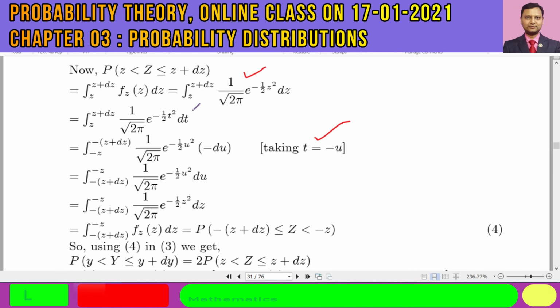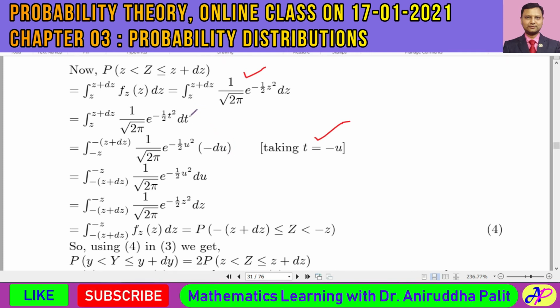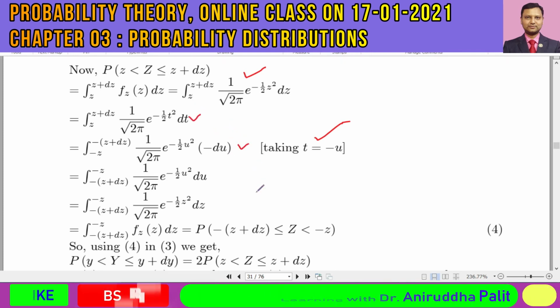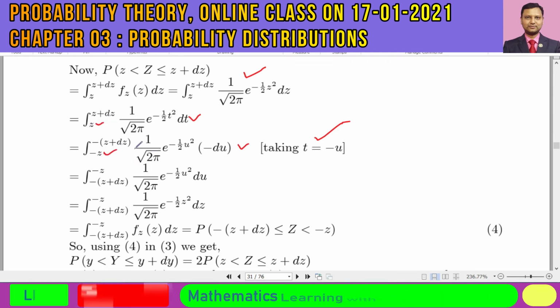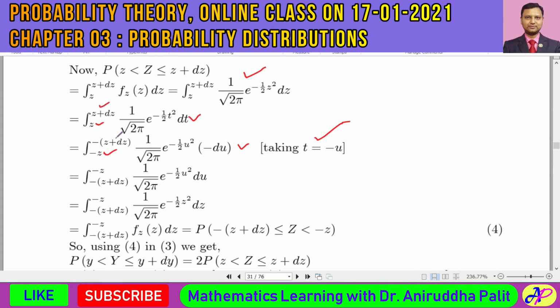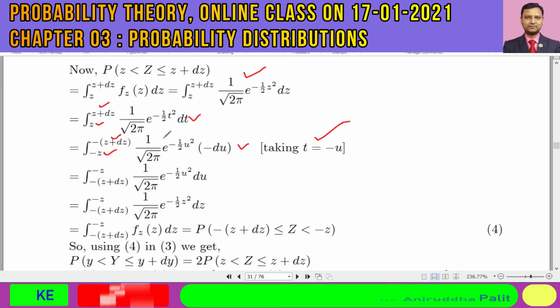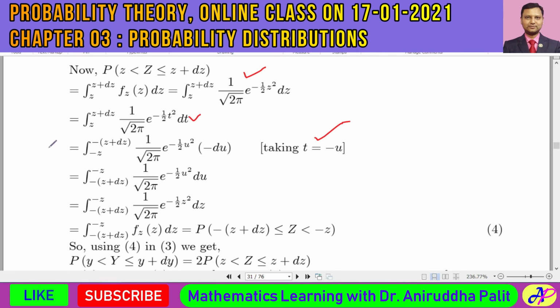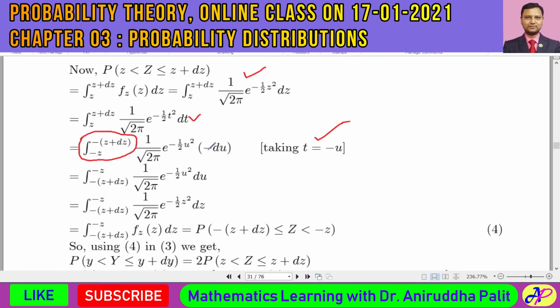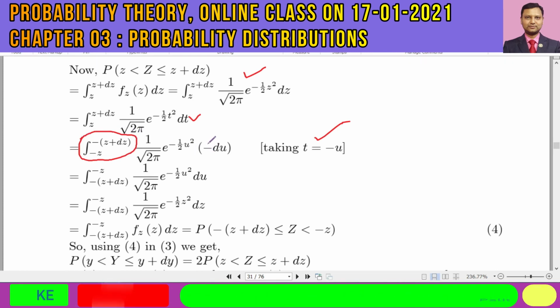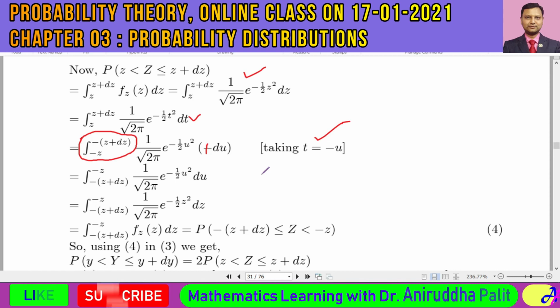Then in place of dt we shall have minus du. The lower and upper limits would be changed. In place of z we shall have minus z. In place of z plus dz we shall have minus of z plus dz. And we are just changing the position of minus z and minus of z plus dz by converting this negative symbol into a positive symbol.